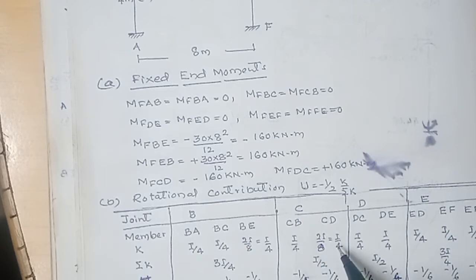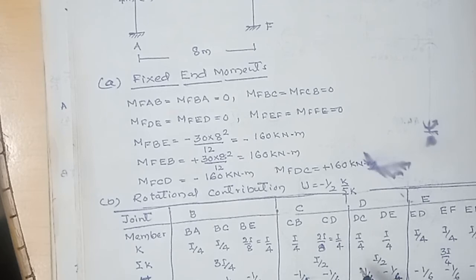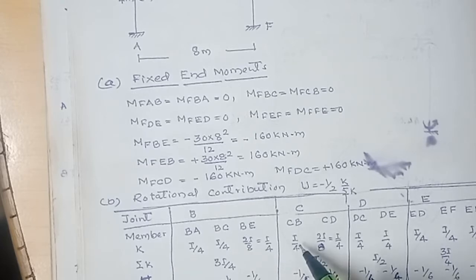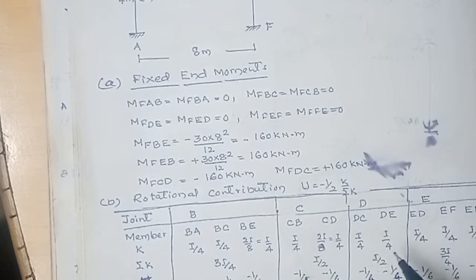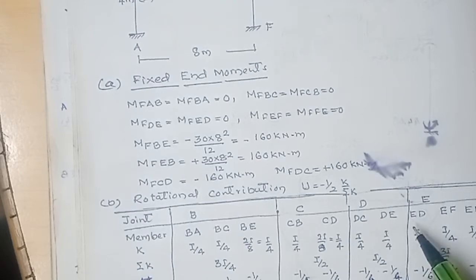The summation of K at the joint C, that is I by 4 plus I by 4, that is I by 2. Then U equals minus half into I by 4 divided by I by 2. Here you will get minus 1 by 4 for each, that is for CB and CD respectively.